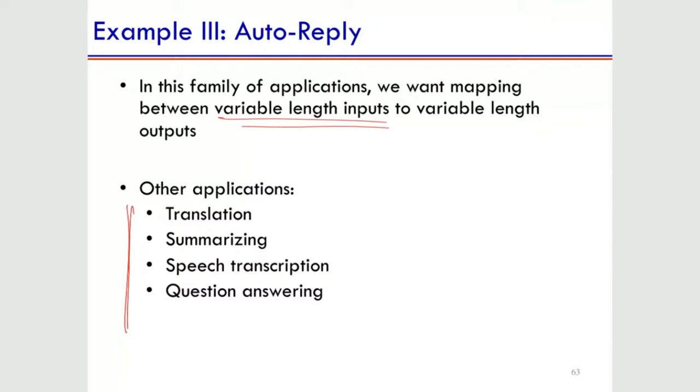You want to translate really well. You can do that for some languages, some of the languages we cannot, and you'll see the translation problem in an assignment, I don't remember whether it's assignment 2 or 3. Then there are things like summarizing long form articles, speech transcription or question answering. In all these, RNNs and LSTMs can be useful.